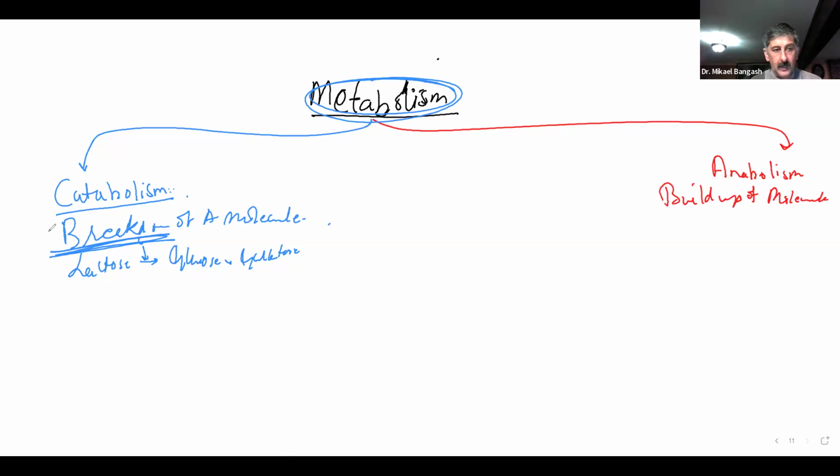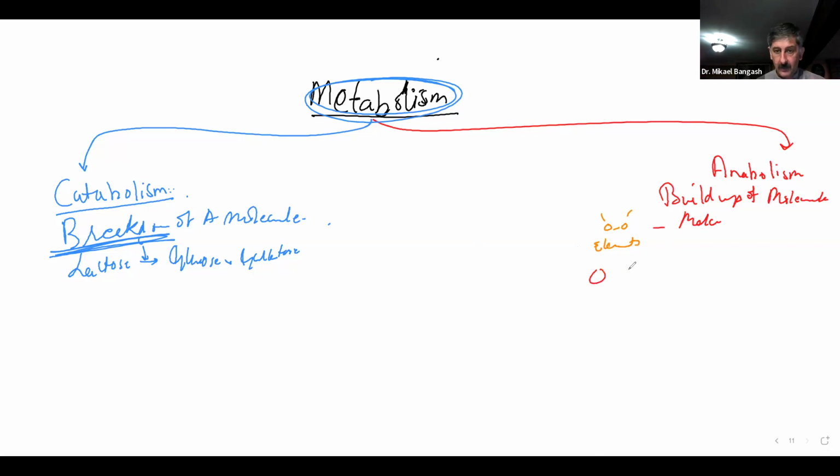So if we took, for instance, one element and another element and joined them, this junction of two elements to form a molecule will be what you can call anabolism.